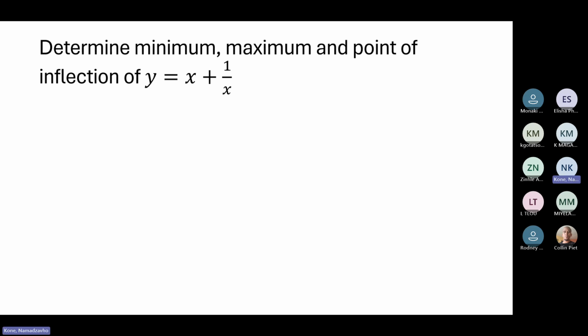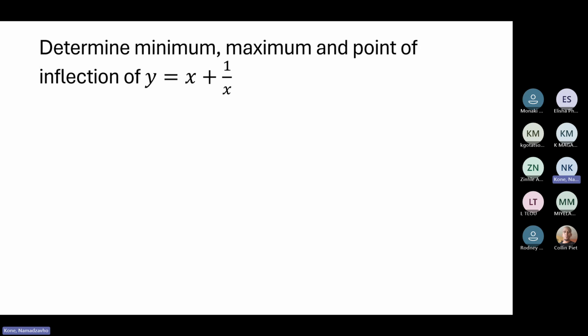This is a typical application of differentiation on the issue of minimum, maximum, and a point of inflection. So if maybe a question comes like this, it says determine the minimum, maximum, and point of inflection.